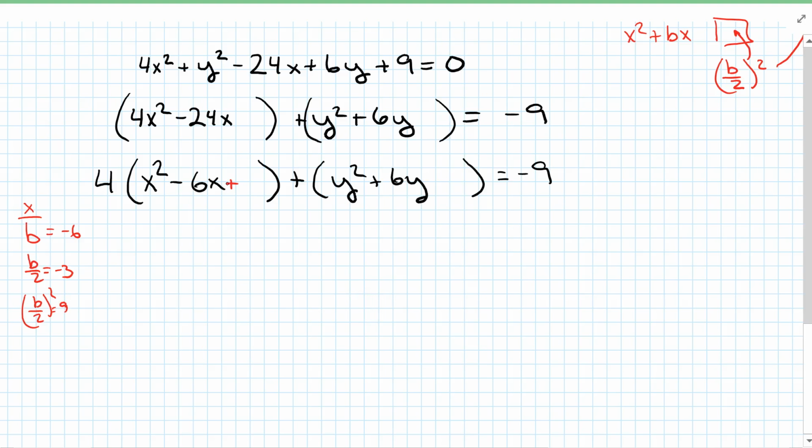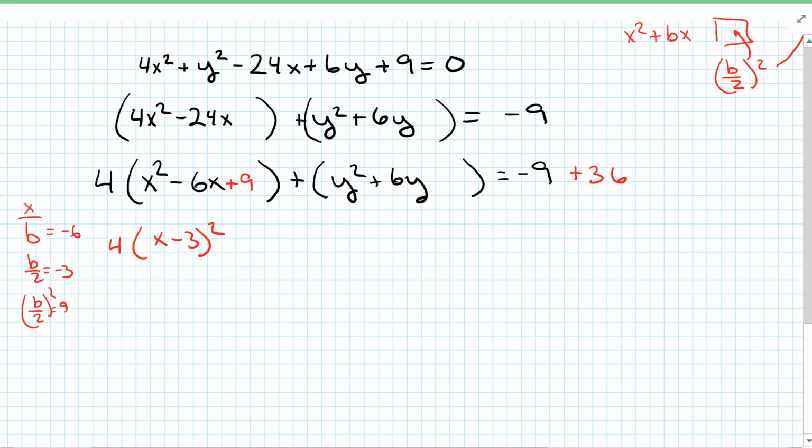So let's add 9 right here. We can't just add 9 to the right because I have a factor that I have to multiply it by. I'm really adding 36 to the left side, so we have to add 36 to the right side. I've completed that square, so it's going to look like this: 4 times (x minus 3) squared. Now let's complete the y value.